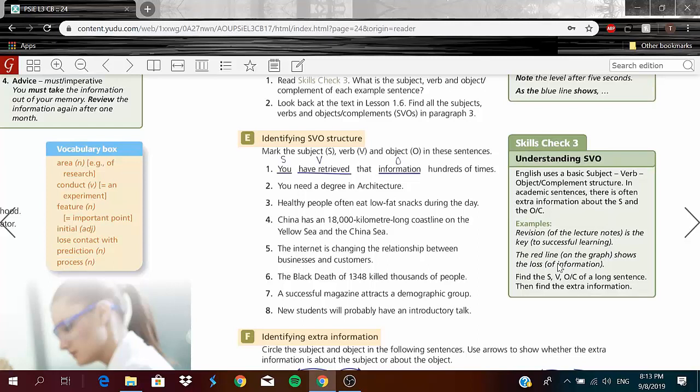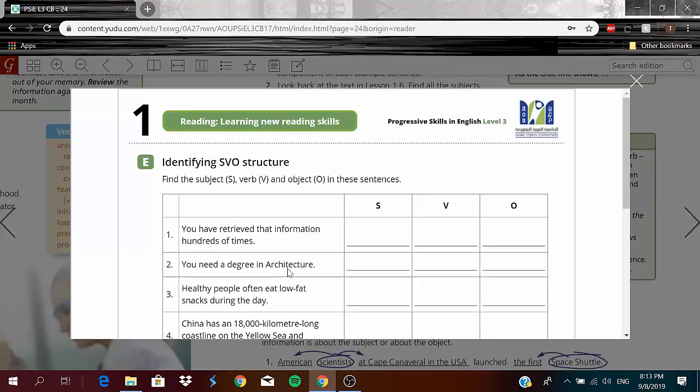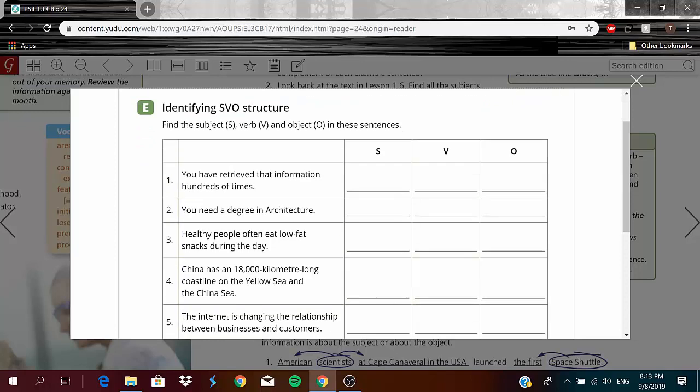Okay? So now find the subject, verb, object, and or complement of a long sentence, and then find the extra information. That's what we're going to do here. So let me open exercise E. So now let's find the subject, verb, object in these sentences. So number 1, you have retrieved that information hundreds of times.